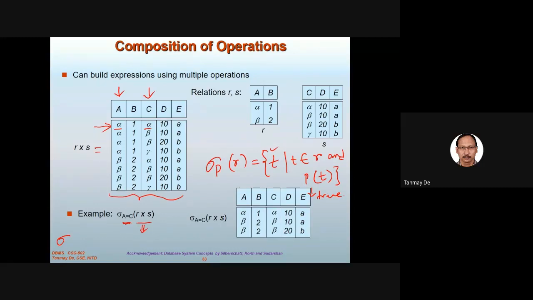The first row is considered, because A is alpha and C is also alpha. So the condition is satisfied, and we can consider this as one of the rows of the result.